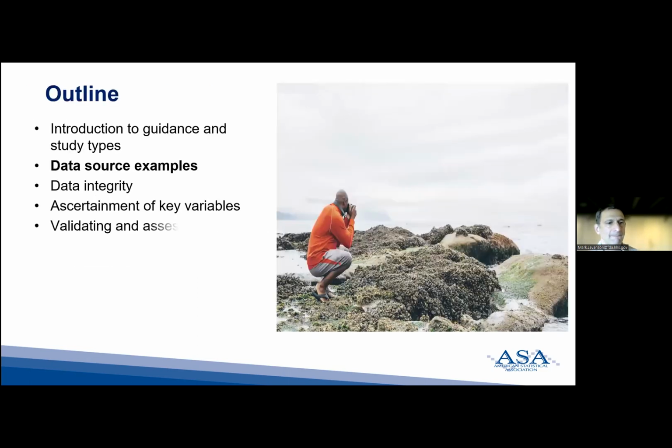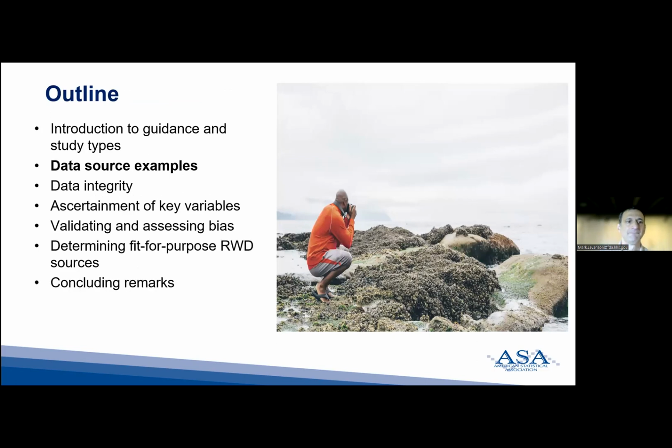Okay, now let me briefly go through each of the sections in our paper, some briefer than others. The first section in our paper after the introduction is some examples of uses of real world data. These are basically study designs.